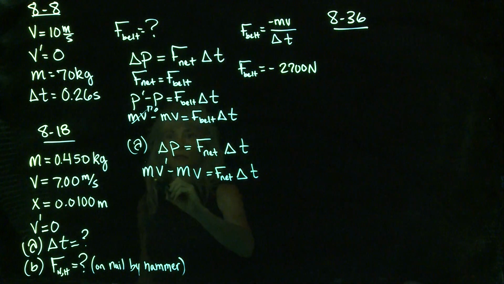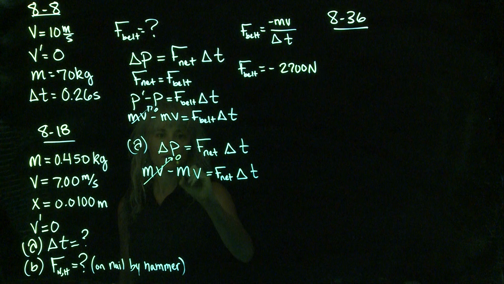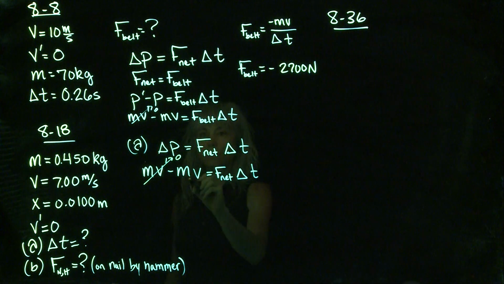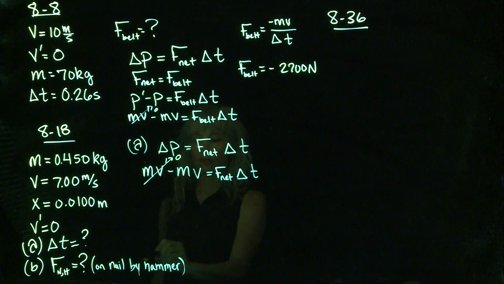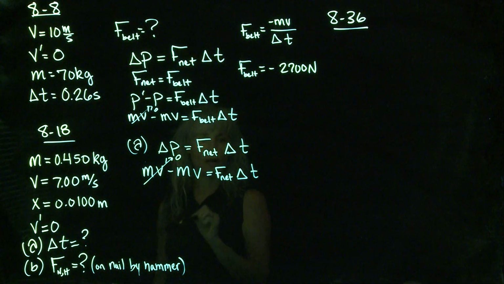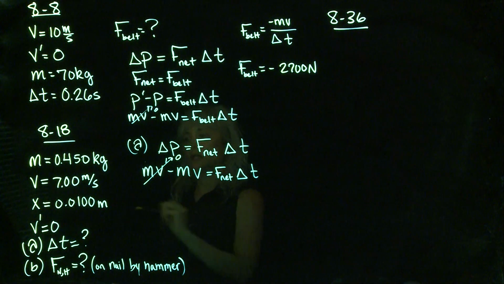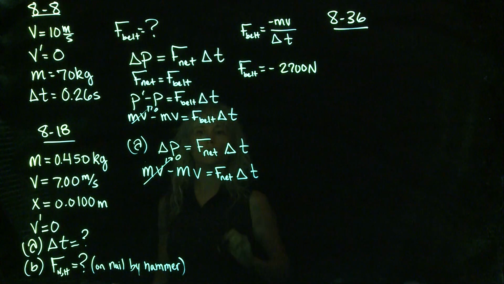Notice here that the final velocity is 0, so this cancels out. We know the mass of the hammer, we know the initial velocity. We don't know the net force being exerted on the hammer by the nail, a quantity we actually want to find in part B, and then delta t, which is what we're looking for in A. So we actually have two unknowns here.